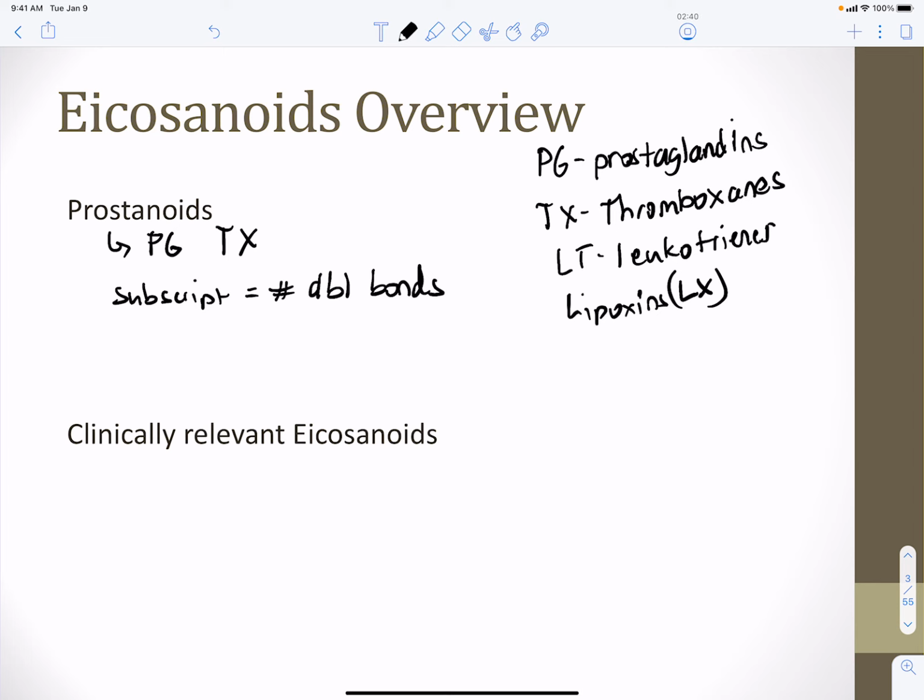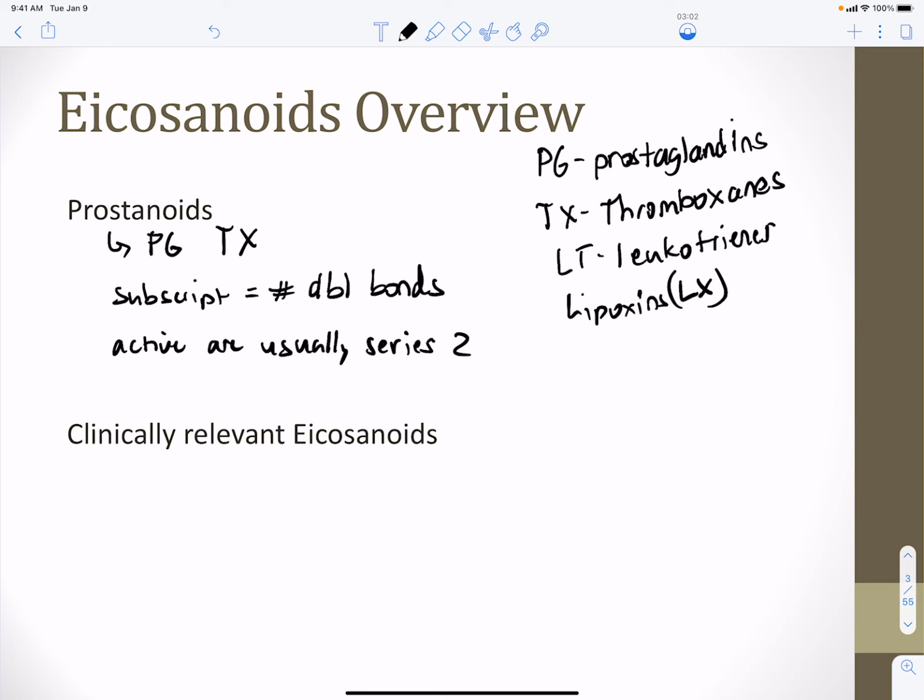Our biologically active lipids are typically going to be series 2, but not always. Okay, so they have 2 double bonds. We also have series 1, and you'll see some with 4 as well.